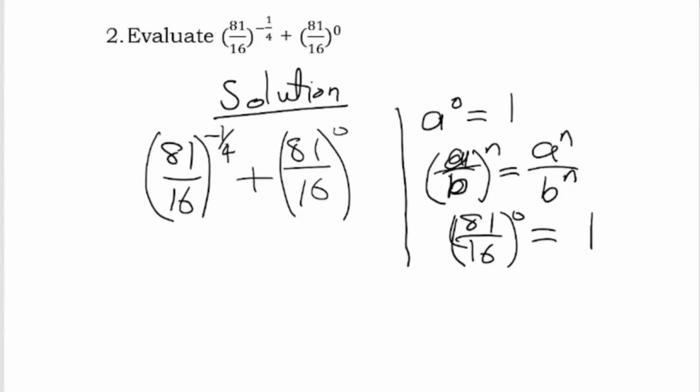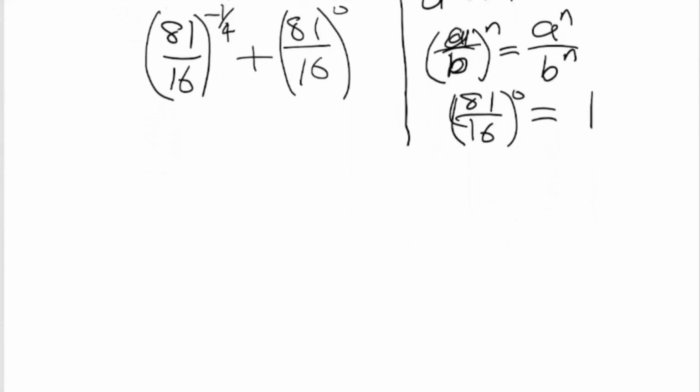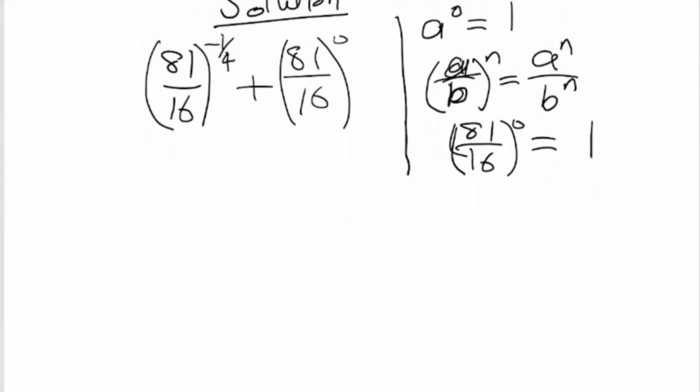So with that understanding, we now concentrate on the other part, which is 81 over 16 to the power negative 1 over 4. Now, there are many ways that you can handle this question, but there's one way that I like doing it.